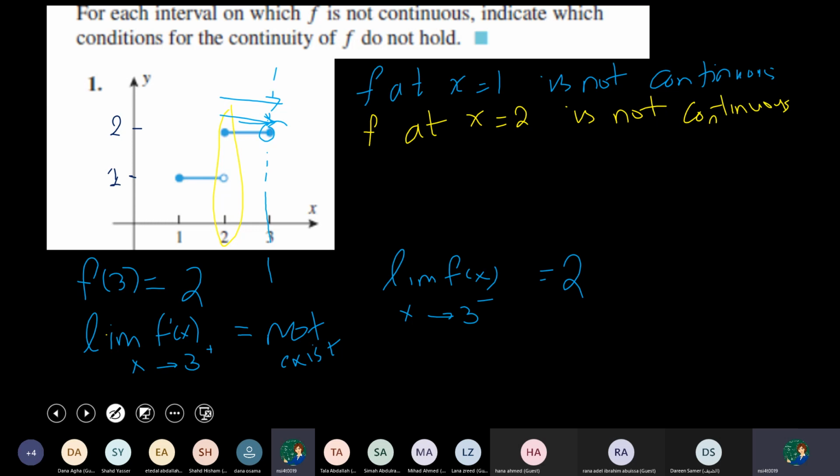If these two-sided limits are equal, and the value of the limit is equal to the value of the function, I can say that the function is continuous. Is it clear now? Tomorrow, inshallah, we will take many examples. Inshallah, you will understand more and more.